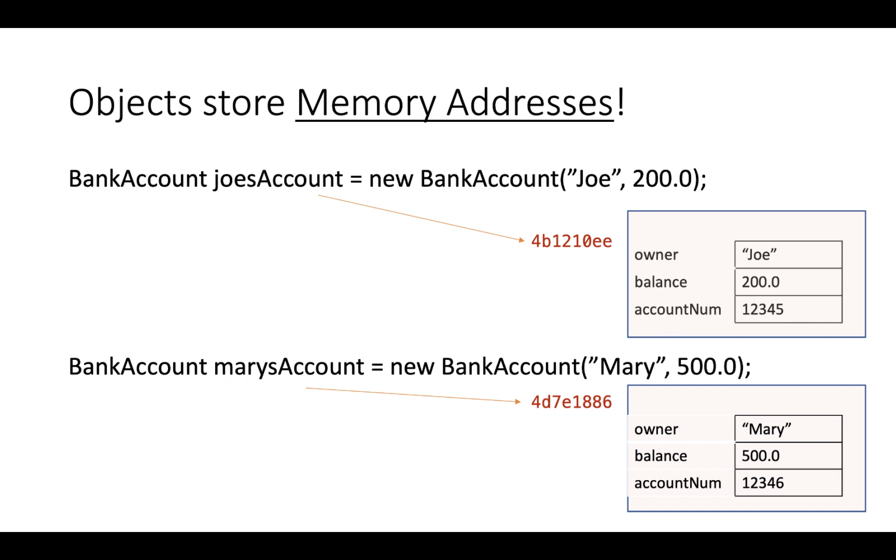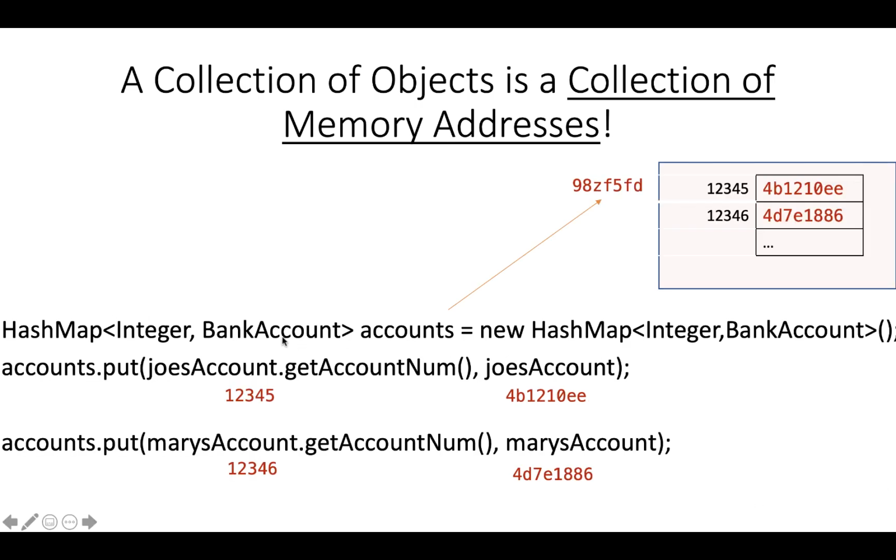So let's look at an example. Here I've created a hash map named accounts, and it maps those integers to bank accounts. So when I put something in accounts, I'm not just going to put in the bank account, which is what we did with array list. You can see here I'm putting in Joe's account, which just puts in the memory address. But I'm going to give it a key to retrieve it easier, which is the account number associated with it.